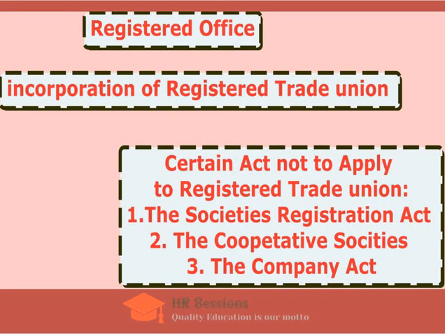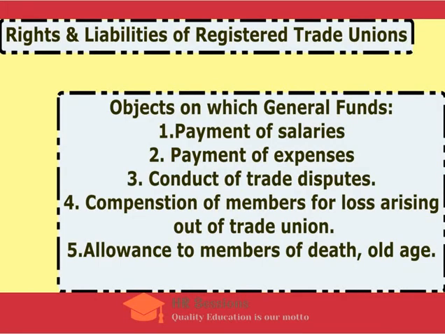So this is the incorporation. But certain Acts are not applicable to the registered trade union, like the Societies Registration Act, the Cooperative Societies Act, and the Companies Act. I hope it is clear.